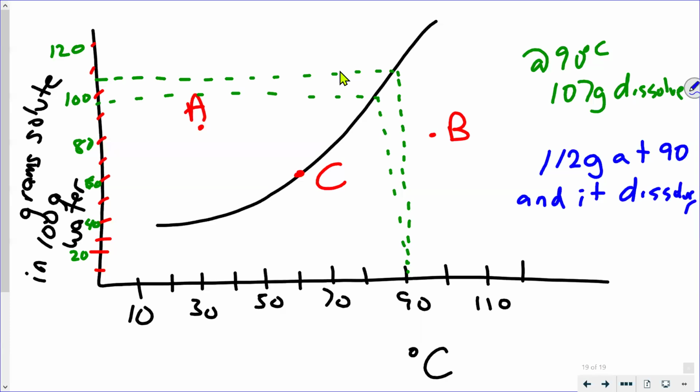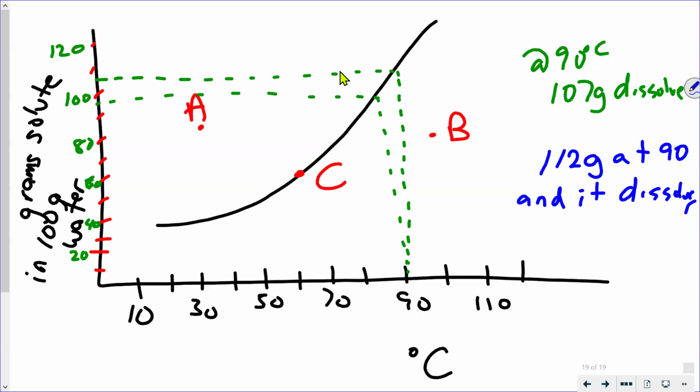You know at 90 degrees, 112 grams is dissolved. That's a given. Is it above, on, or below the saturation value? Above, so it would be supersaturated. Correct.